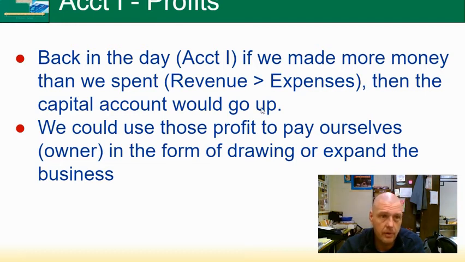That was chapter 6, worksheet, chapter 7, financial statements, and then chapter 8, we do the actual journalizing of the adjusting, journalizing of the closing. We'd actually get the money from income summary into the capital account. Capital account would go up if we made money, right? We could use those profits to pay ourselves, the owner, in the form of drawing, or we could use it to expand the business.